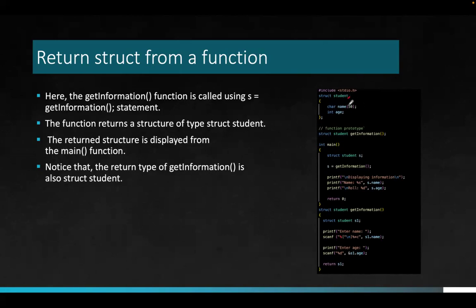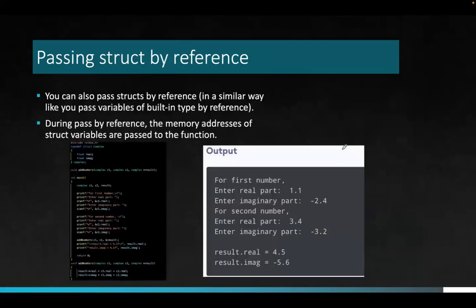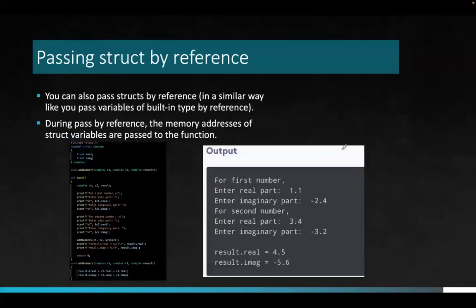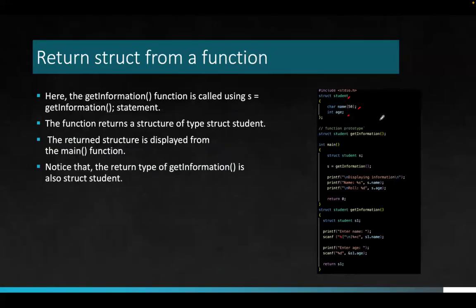Now we will take a student structure with variables name and age. Again, the same thing, we use a function to declare one function. That function is named with a function argument.